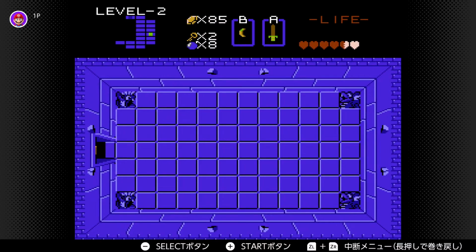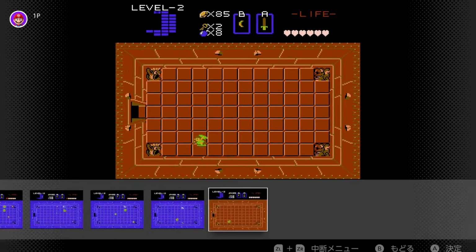Those are more risky than beneficial, honestly. Let's defeat this gorilla. Nice. Give us health. Okay. Let's defeat this one. Please, please. All these. Okay.